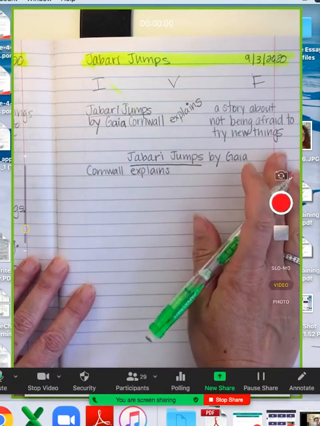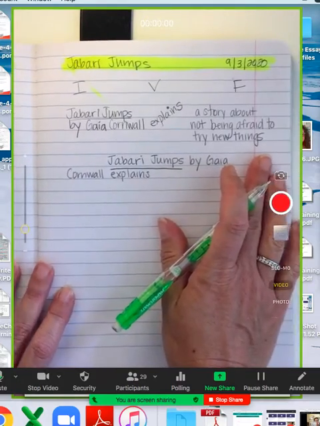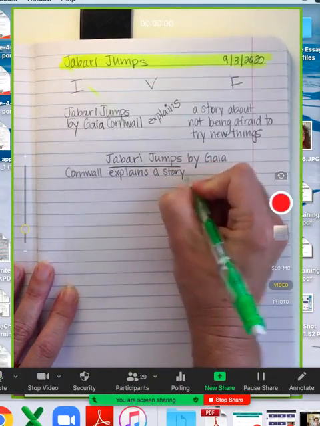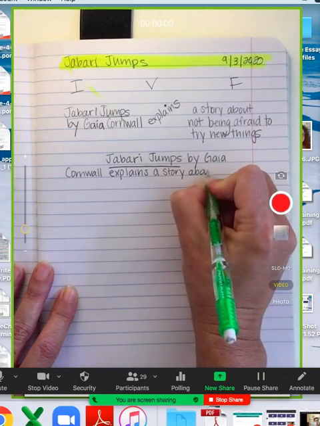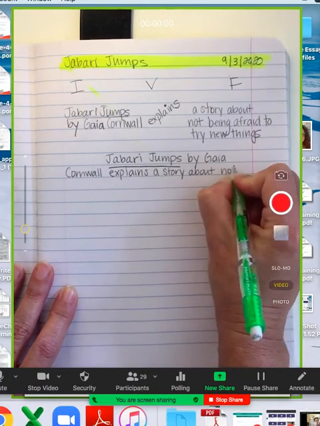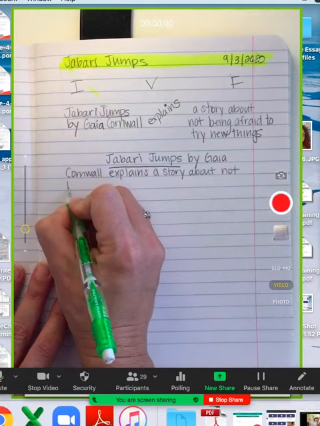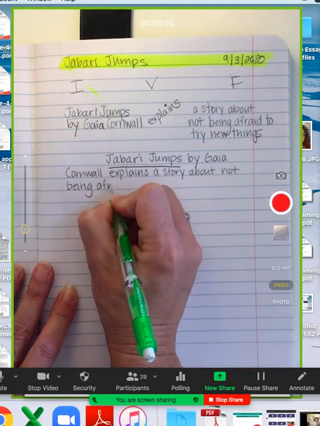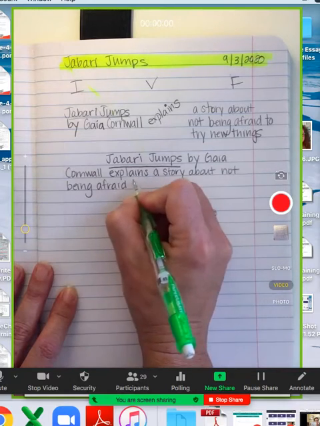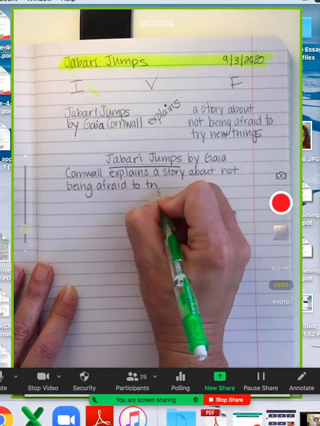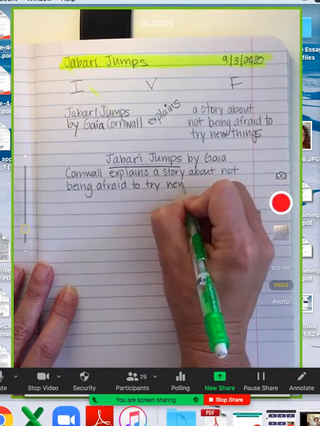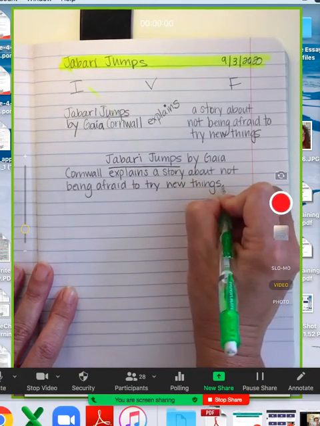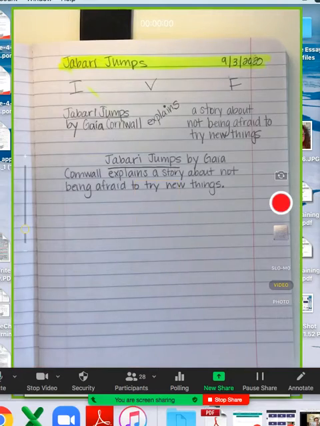And then whatever you put was your finish your thought or the big idea. Story about not being afraid to try new things. Period.